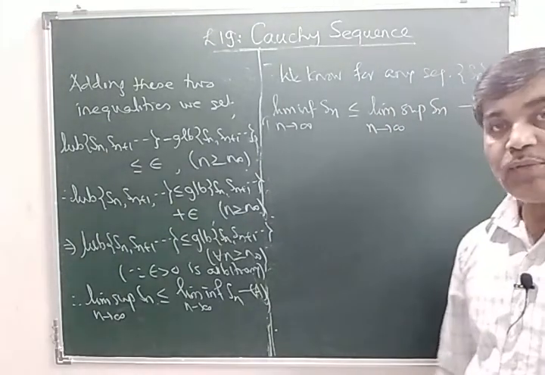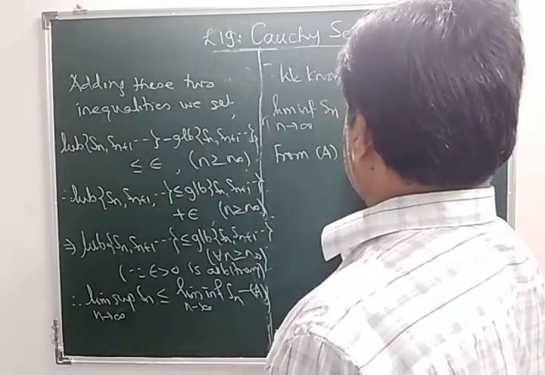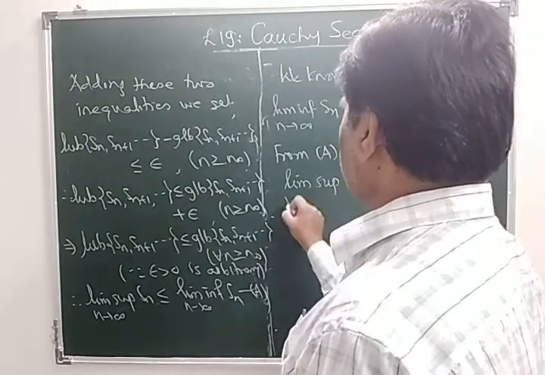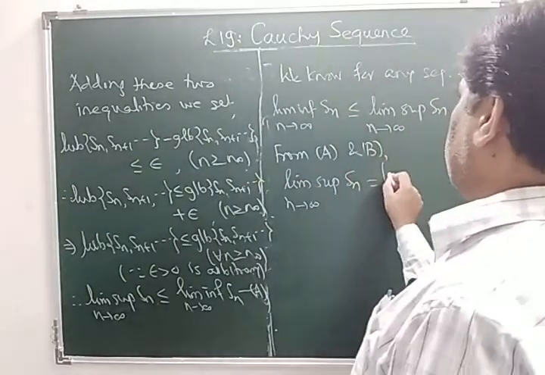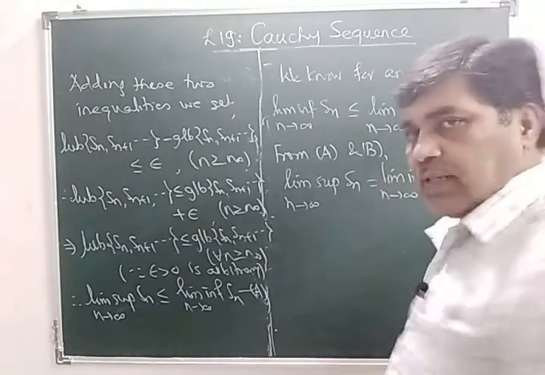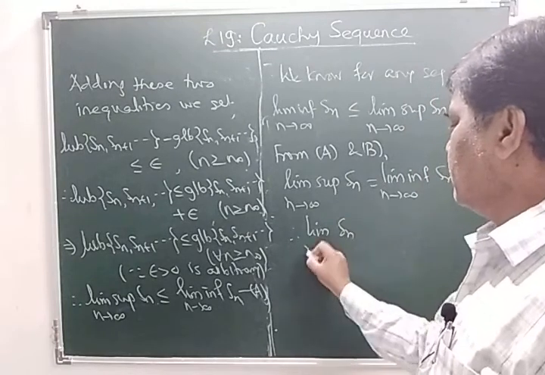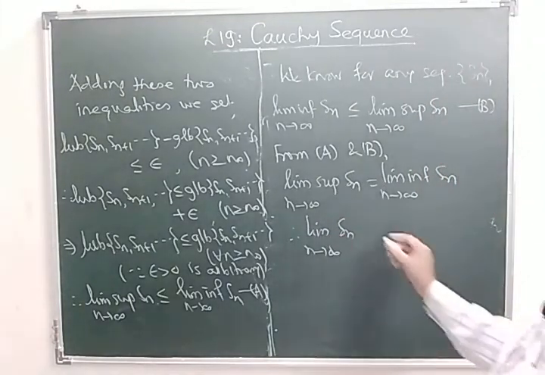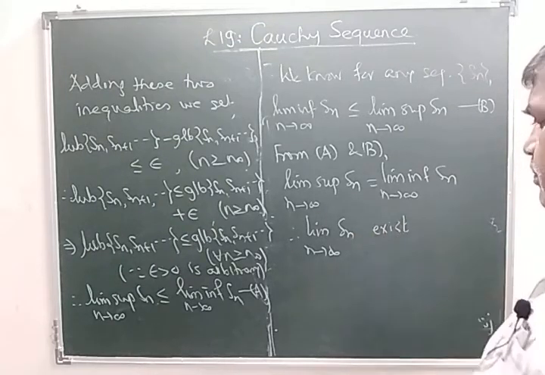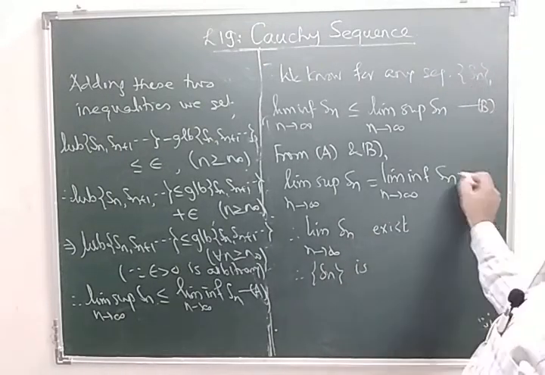From A and B, equality holds. From A and B, lim sup of Sn is equal to lim inf of Sn, and therefore limit of Sn exists, and therefore Sn is convergent, equal to limit of Sn.